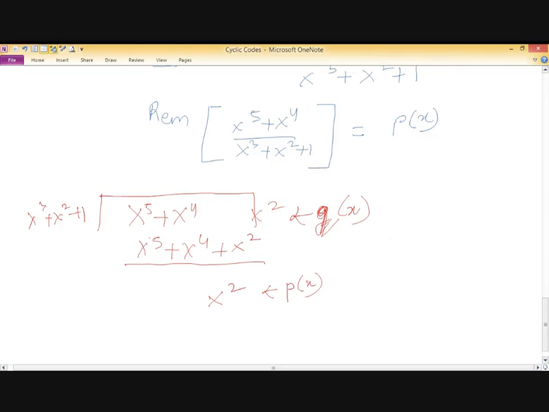To find the code word, this parity will give us 1 0 0. The parity will have a maximum order of n minus k minus 1, so it will be x square plus x plus 1, 1 0 0.